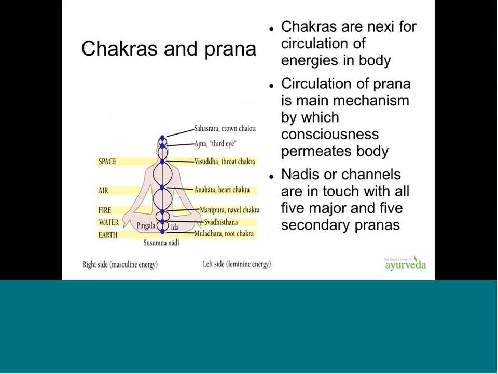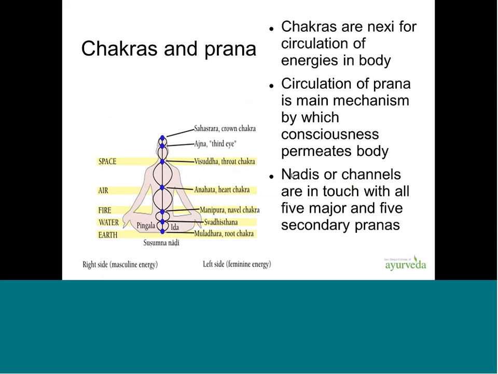So how are the nadis and the chakras and the different types of prana connected? As we said, these are nexuses. They are interchange centers. Like if you ride the subway system in New York and you want to change, you might get off at 42nd Street or Grand Central Station, and there's this connection point where you can get on the other lines.